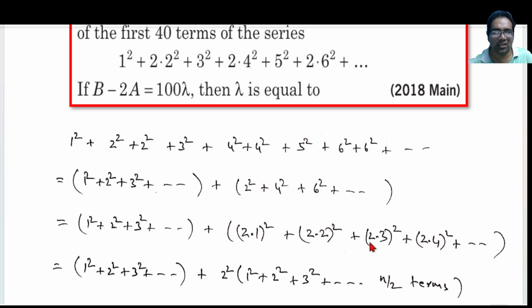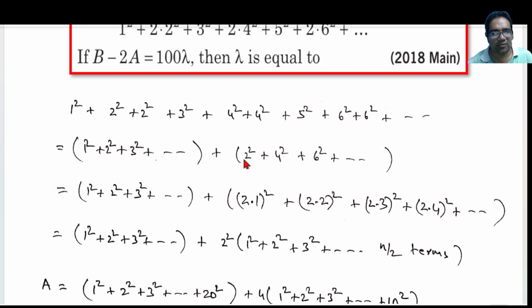If we take 2 square common, this part becomes 2 square into 1 square plus 2 square plus 3 square up to n by 2 terms only. If there are n terms here, there will be n by 2 terms here. Please notice 2, 4, 6, 8 up to 20, so there are only 10 terms here and 20 terms there.